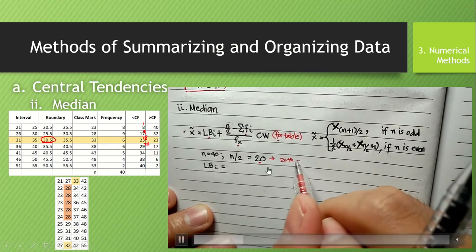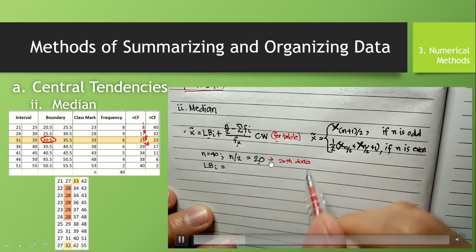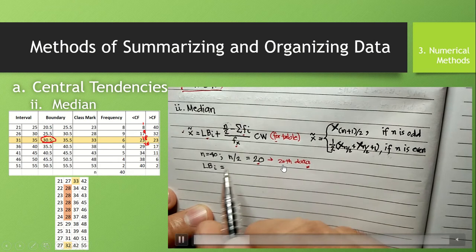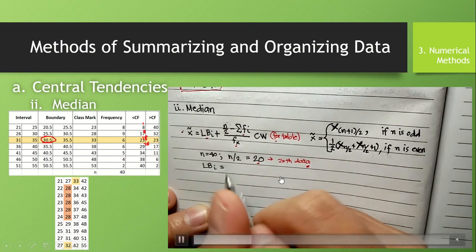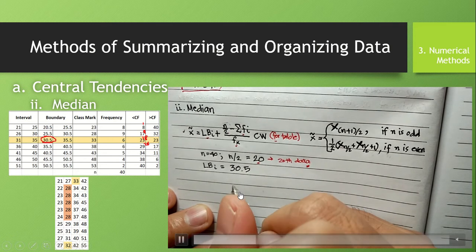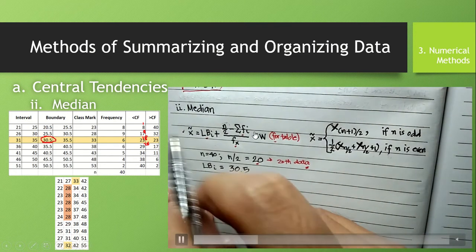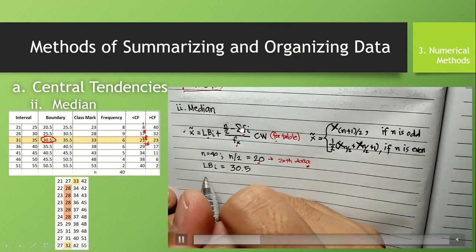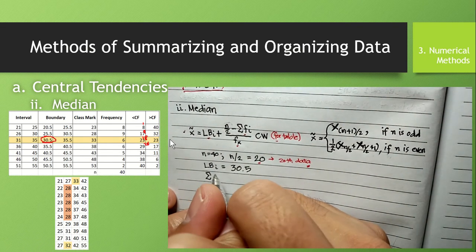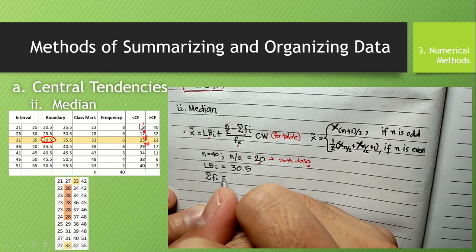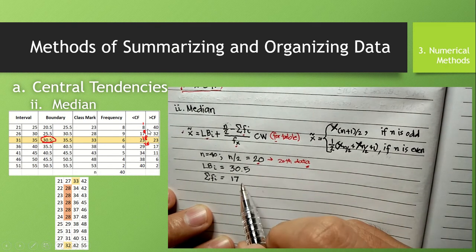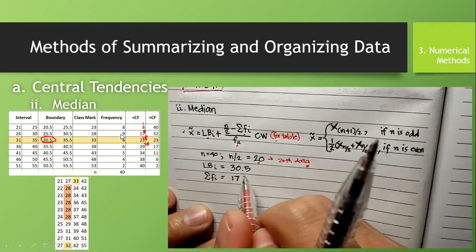Again, n over 2 represents the 20th data, so our lower class boundary is equal to 30.5. Next, we will identify this summation of f sub i. Again, this represents the less than cumulative frequency of the previous class interval. That's 17, which is equal to 8 plus 9.